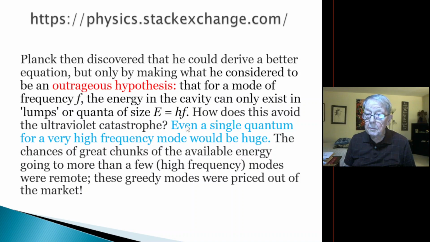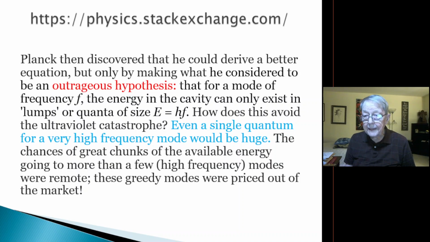Here's his thought. And by the way, he's very close to the answer I'm giving here, but he doesn't get there. He says even a single quantum for a very high frequency mode would be huge. In other words, he's saying there's a problem if you have one quantum at a high frequency.